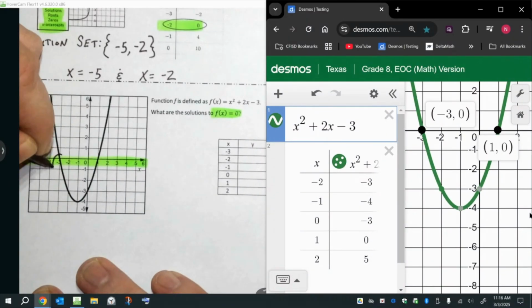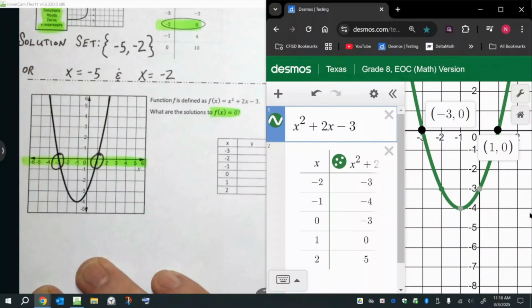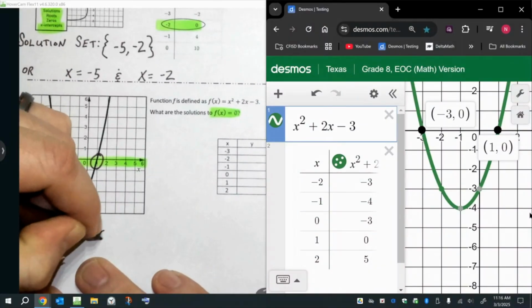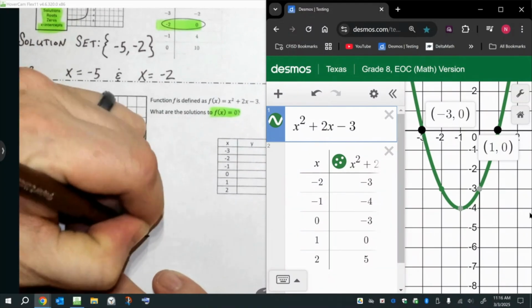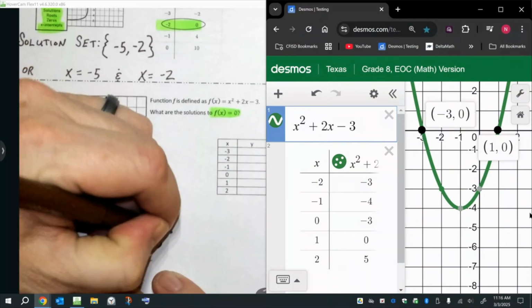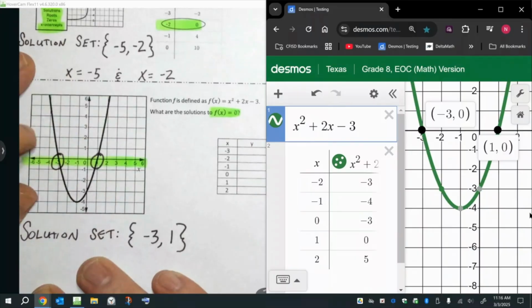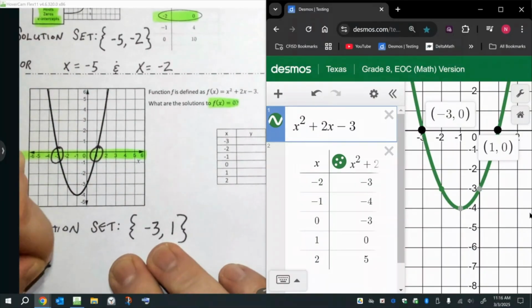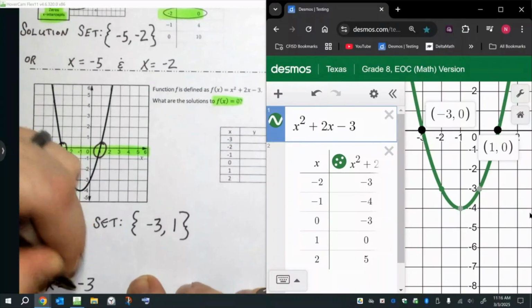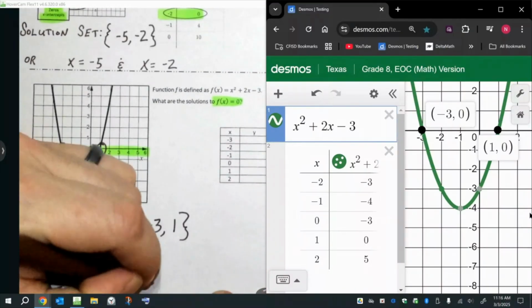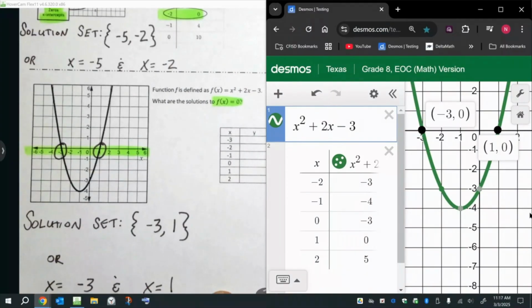That is the same thing as this and this. So if I were to write it as a solution set, it would be -3 and 1. Or I could write it as x equals -3 and x equals 1.